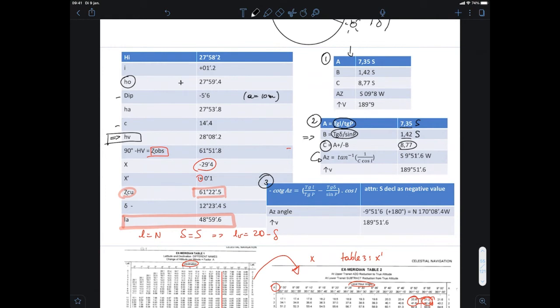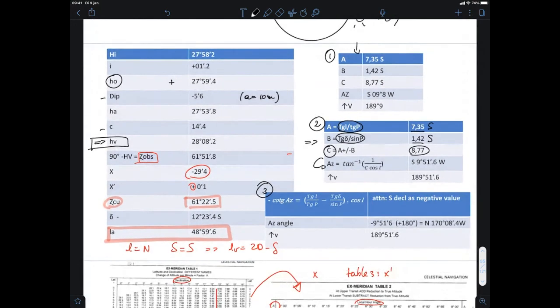Okay, and voilà, as you know, the azimuth takes the sign of the C factor and the sign of, we should all say this together, the polar angle. Okay, and then you transform this into a true bearing, and so the true bearing at the time of your observation is 189 degrees 51.6.